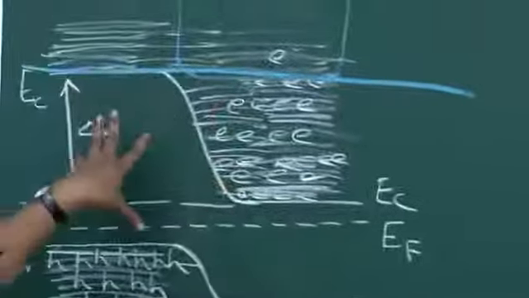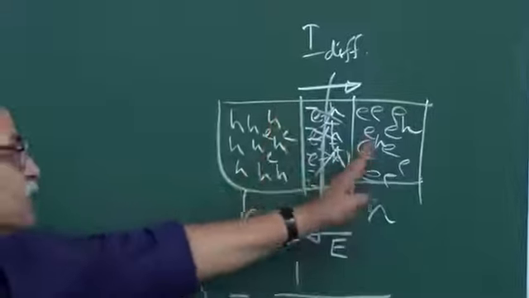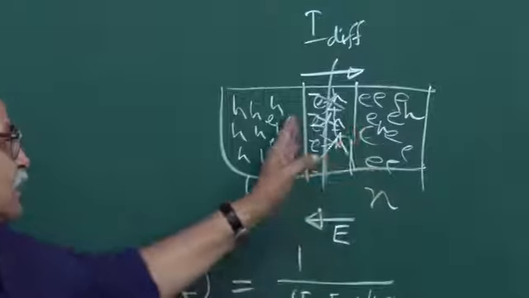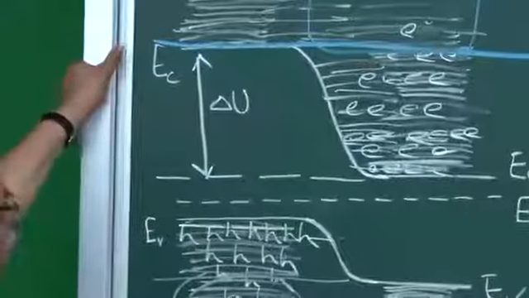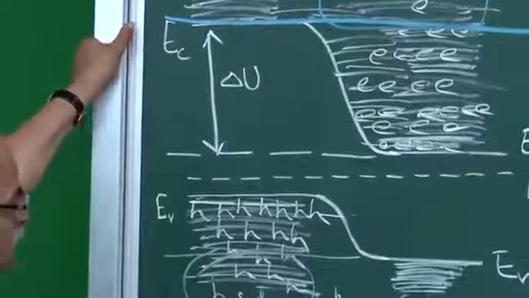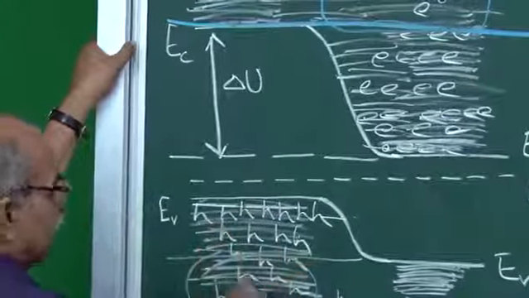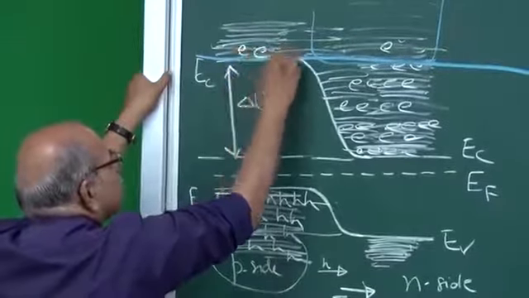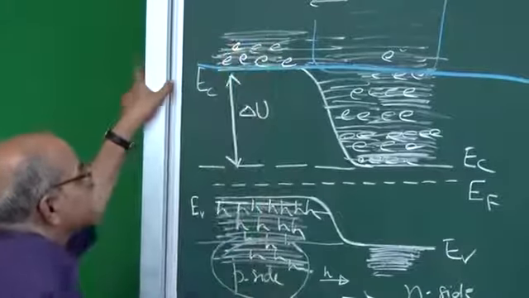If there are minority carriers in the depletion region or close to the depletion region, somewhere here, let us say these are generated, suppose it is generated here, then it diffuses into the depletion layer and then this electric field takes over. So if you think of those minority carriers, this is p side here. A lot of holes are here and some electrons are there, and where are they sitting? These electrons are sitting in the conduction band, right.